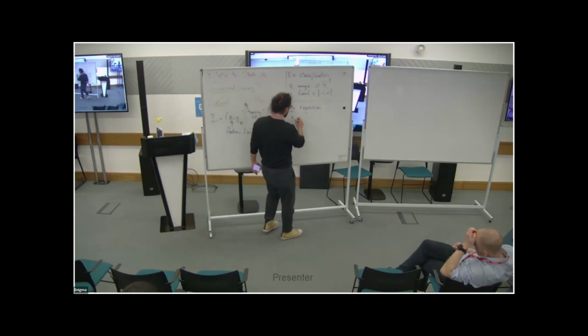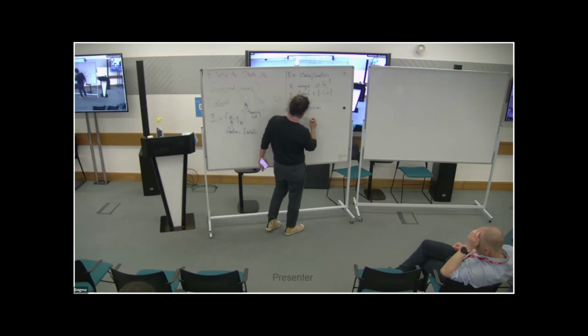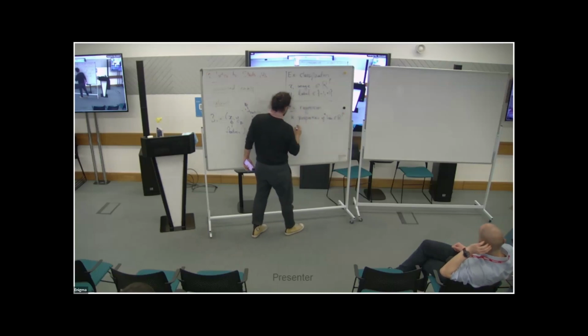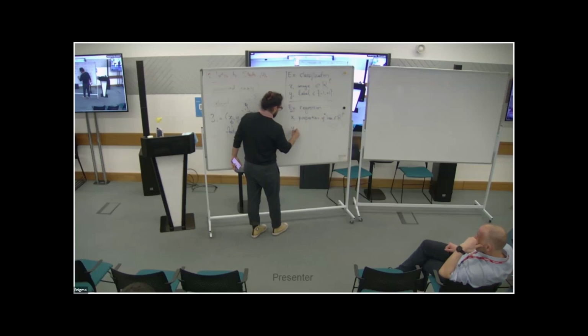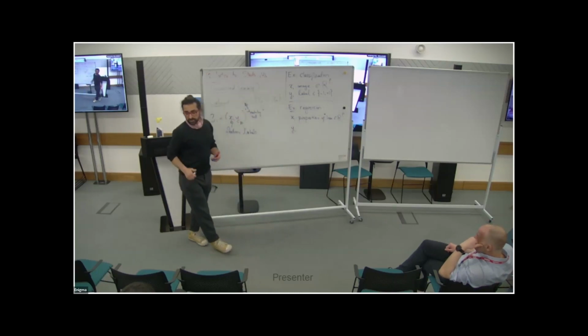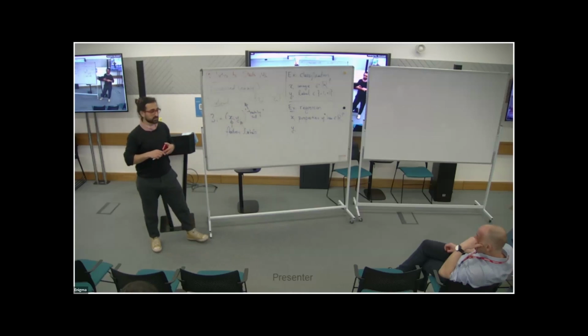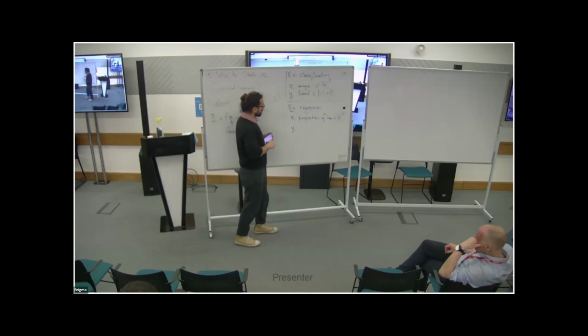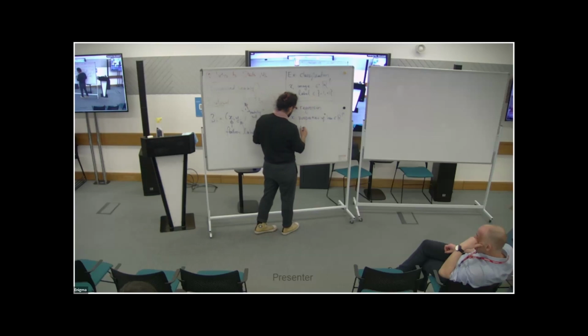So x would be some properties of a house: its age, its size, its neighborhood, etc. Again, it's in R^p. And y_i would be, what would y_i be in this case? The price. Yeah, and then the price would be in R plus.